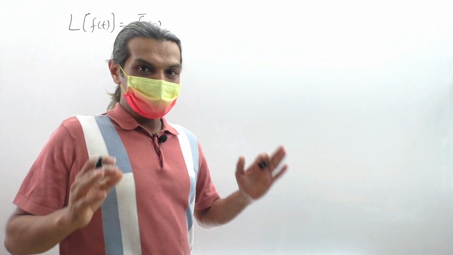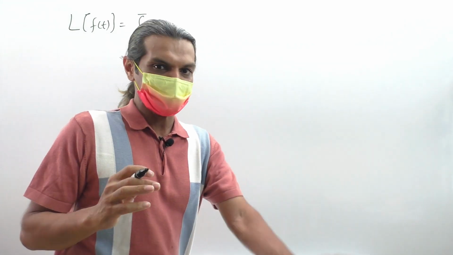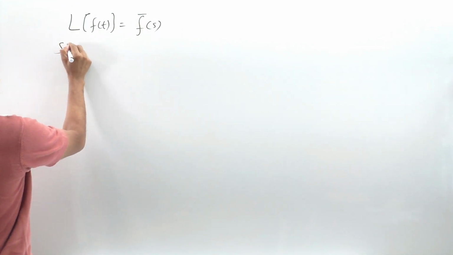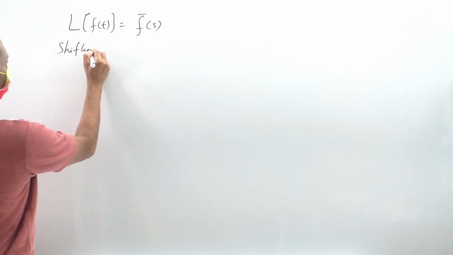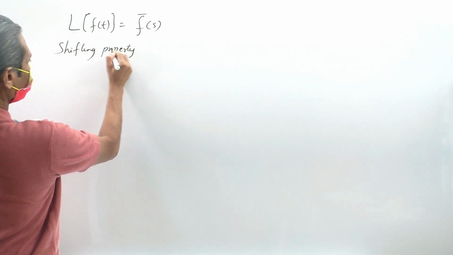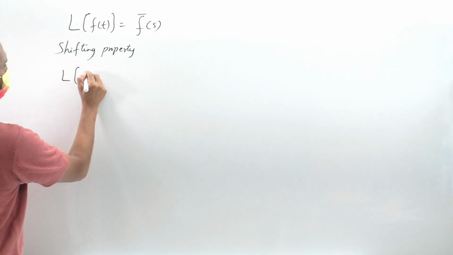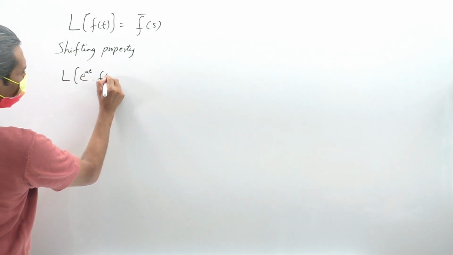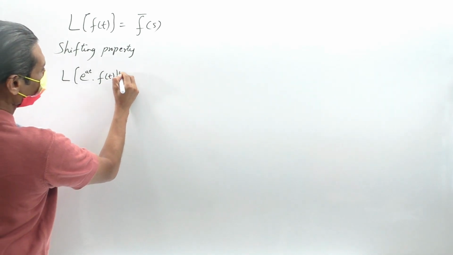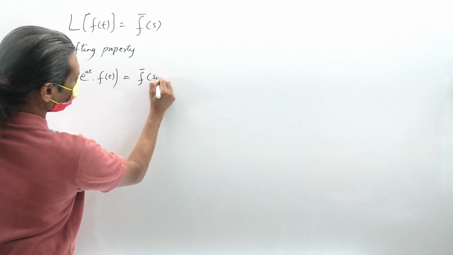Now the property we are discussing today, the shifting property, says that Laplace of e raised to at into f of t, listen carefully, is equal to f bar of s minus a.